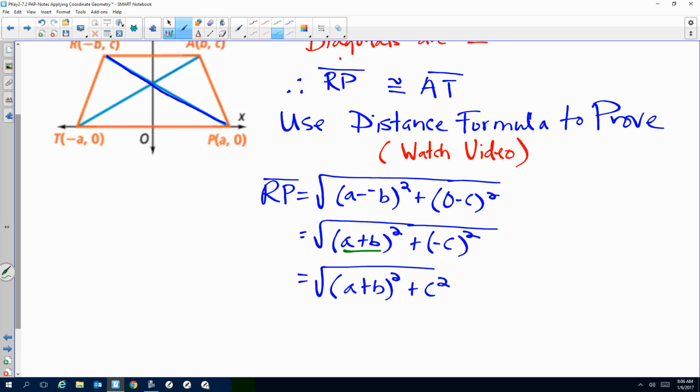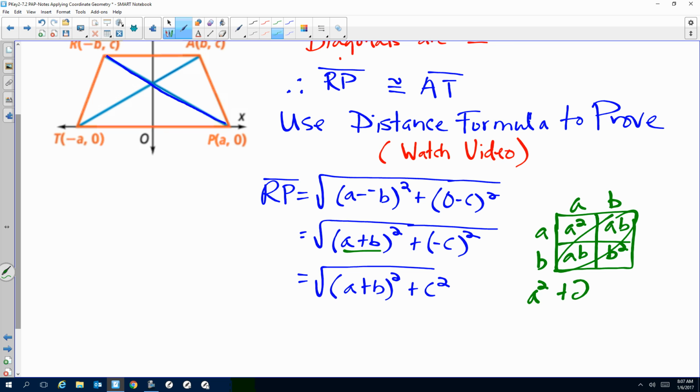So if you were using the box method to simplify this, you would do a and b, a and b, and then you would do your multiplying. So we have a squared, and then we would have ab, because a times b is ab. Then we would have ab, and then we have b squared. So if I combine my like terms, I have a squared plus 2ab plus b squared.